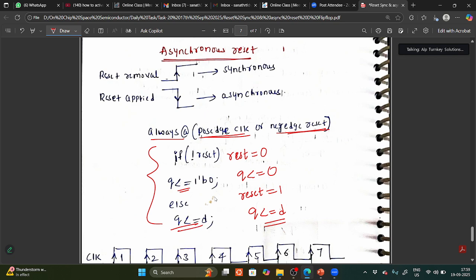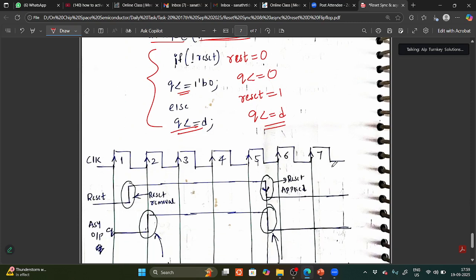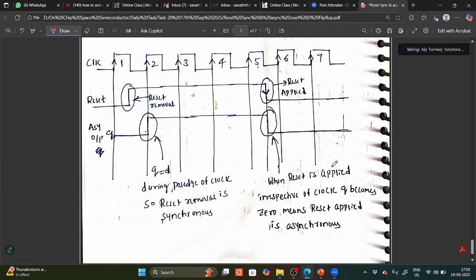Okay, so I am trying to analyze this with a timing diagram. See here. When reset is going from 0 to 1, this is reset mode, and this is functional mode. So this is reset removal.